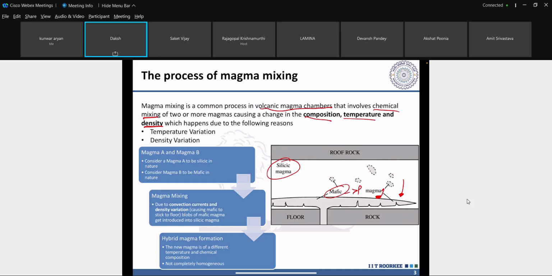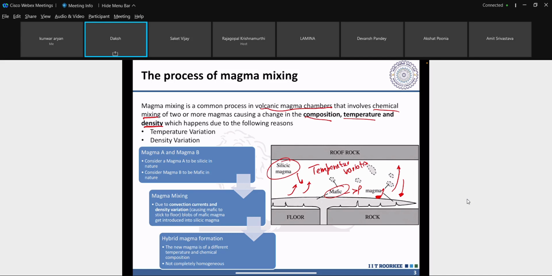And why does this happen? Because there is a temperature variation in both of these magmas. What happens because of temperature variations? Convective stirring, or convective currents, start happening. And these convective currents are the reason for the formation of these blebs and the movement of these blebs upwards.